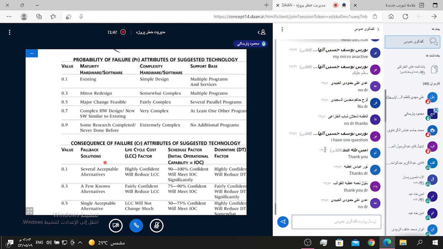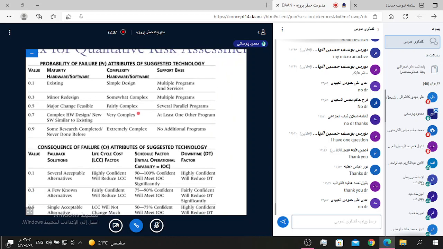After that, minor redesign for 0.3, 0.5 major change visible, and for 0.7 complex hardware design or new software similar to existing.